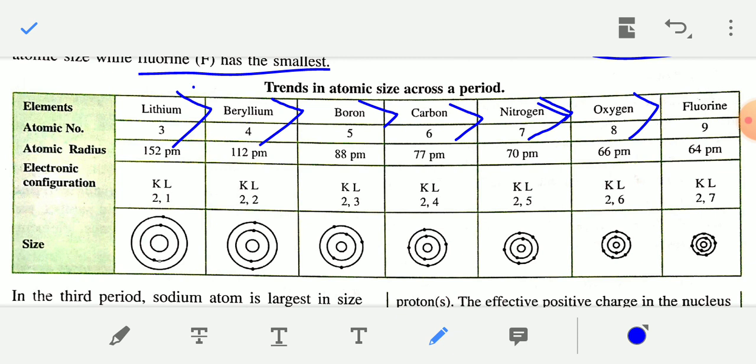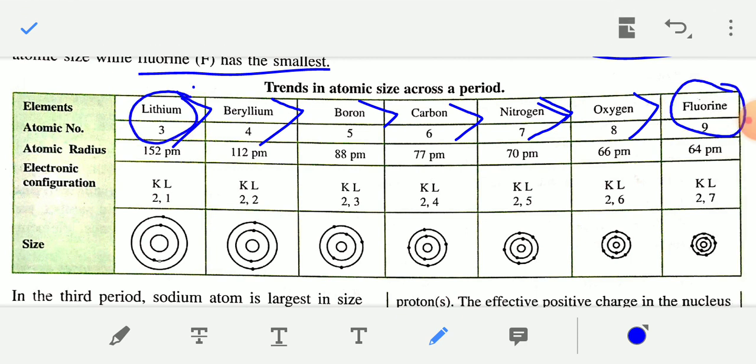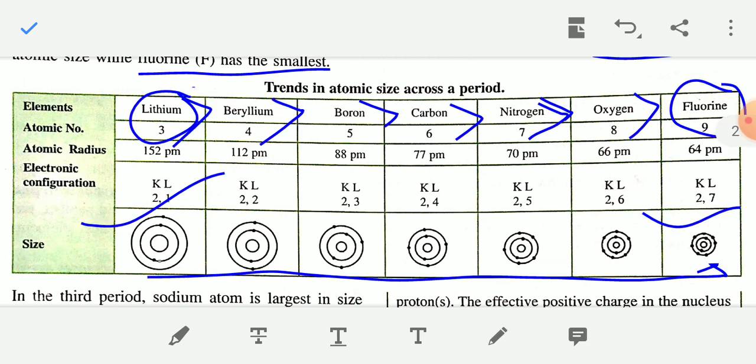Okay, so in the second period lithium has the largest atomic size and fluorine has the smallest atomic size. You can see from this also, lithium is largest and fluorine is the smallest.